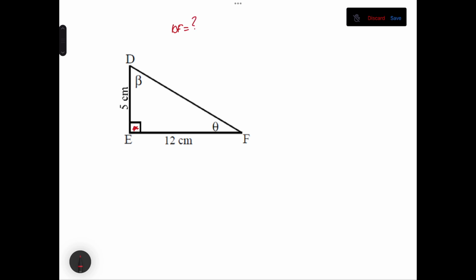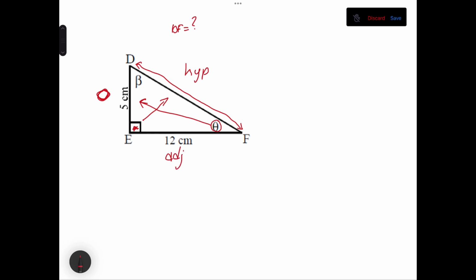So we determine our sides. We're going to use the theta angle here. Opposite theta is DE, which is our opposite side, and opposite our 90-degree angle is DF, which is our hypotenuse, and what's left is our adjacent side.